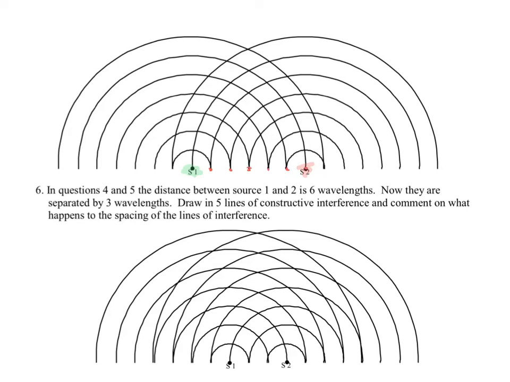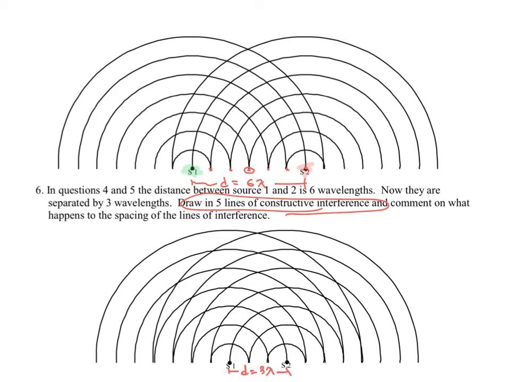This is a point right in the middle of those two. Right now it's showing D equal to 6 wavelengths. Down here at the bottom, this figure is D equals only 3 wavelengths.